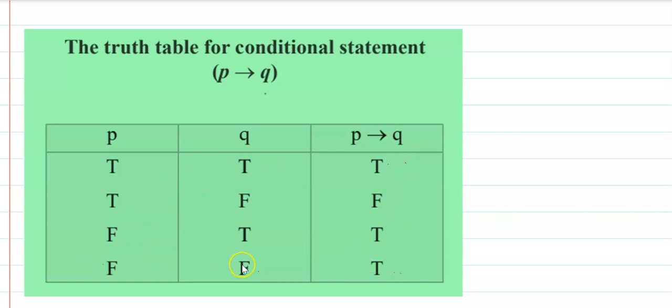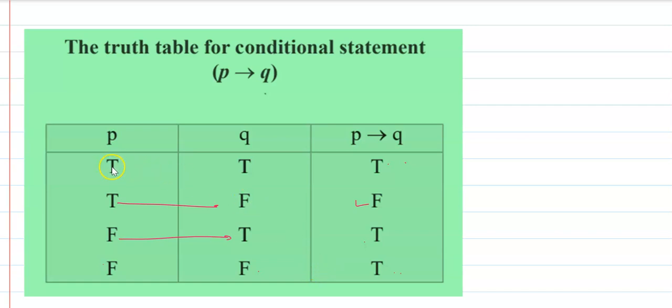Both are the same then it is true. Otherwise, what implies? Here T implies F and that's why here is an F. Here F implies T and here it is a T. Okay. In this way, you can remember this type of truth table.